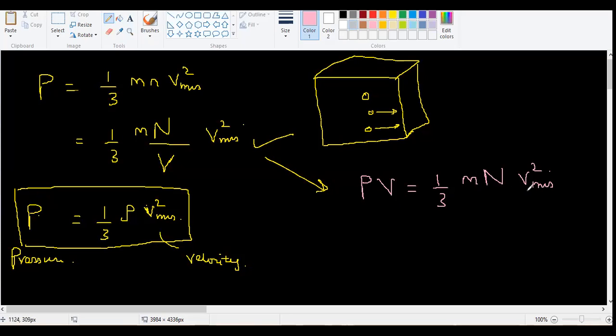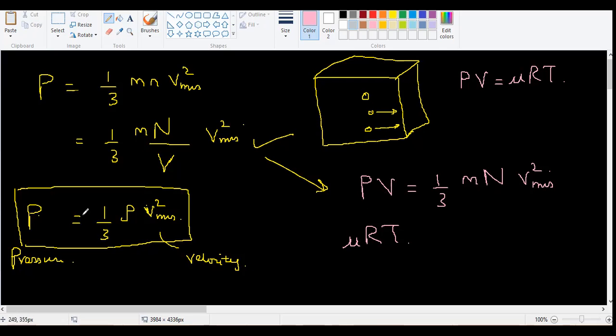You see, half mv squared is kinetic energy, right? Instead of half, I have 1 by 3. So I'm going to do a little bit of adjustments here to bring it as 1 by 2. So from the ideal gas equation, PV is equal to mu RT. That means in place of PV, I'm going to put mu RT. Why? Because I want to convert this pressure and volume in terms of temperature.